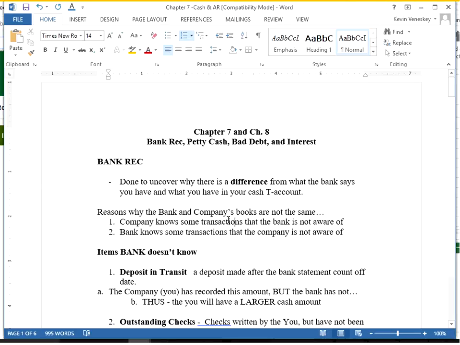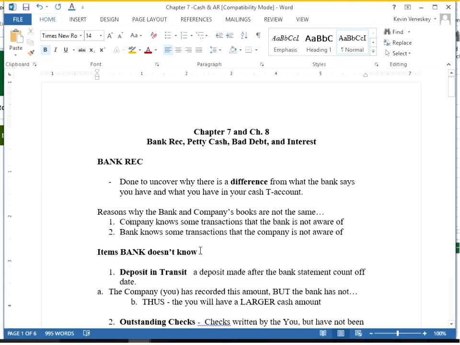The reason why is because we both know items that the other doesn't. The company knows some transactions that took place, but the bank doesn't know of them, and we're going to look at what those are. And then the bank knows some things that we don't know as the company.